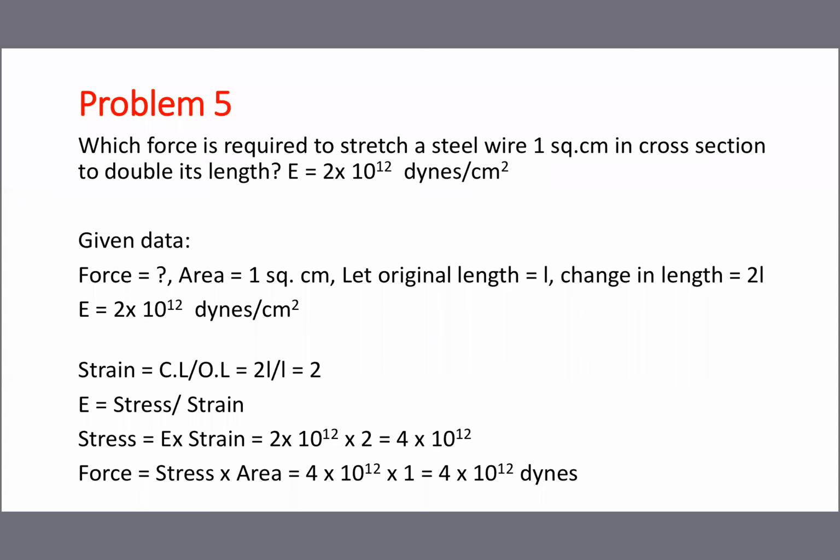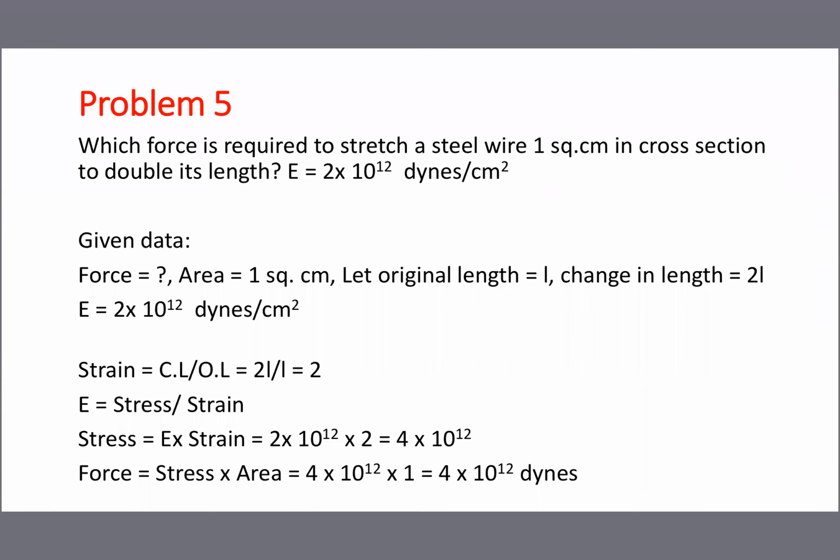So read once again: what force is required? Force value they are asking, to stretch a steel wire 1 square centimeter in cross section, area of cross section given, to double of its length. That means if you are assuming original length L, then change in length is 2L. Understand or not?